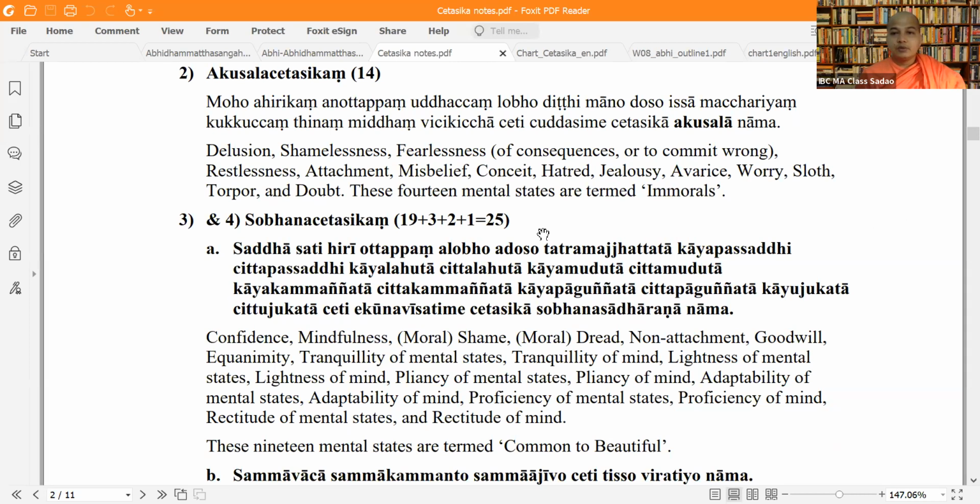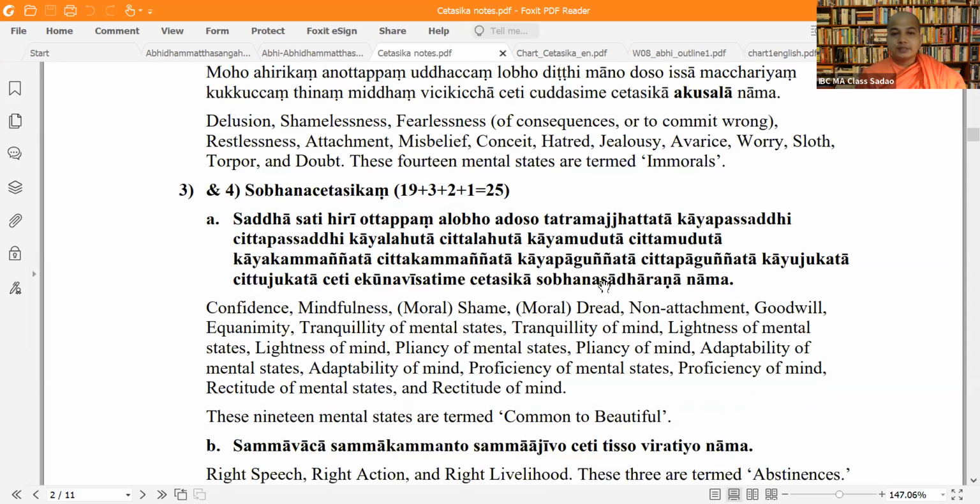In a similar way, in the discussion of Chaitasika, when it says Kaya Passaddi, Chitta Passaddi, the focus is of course on tranquility of mental states and mind. These are different layers of mind.